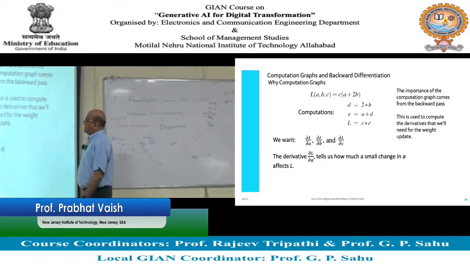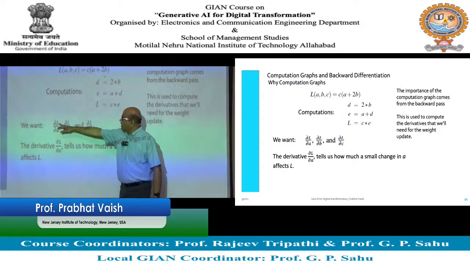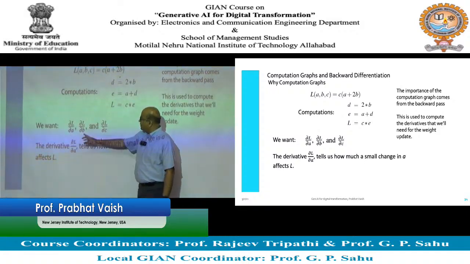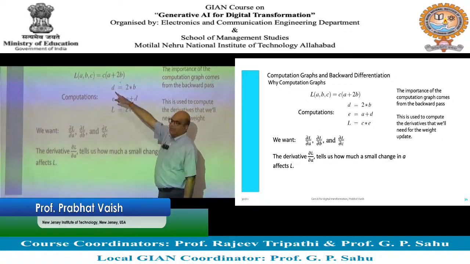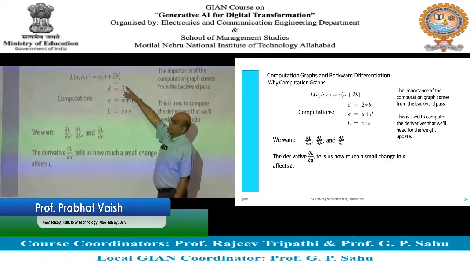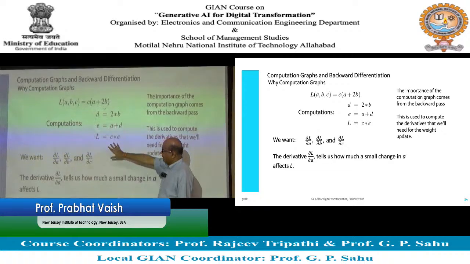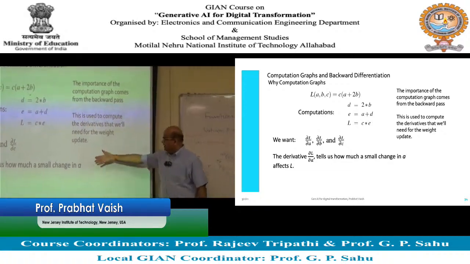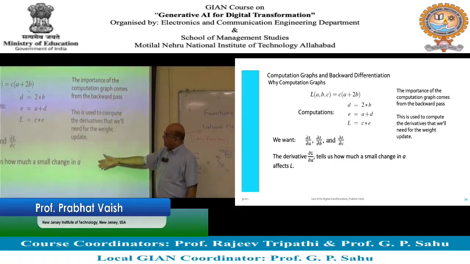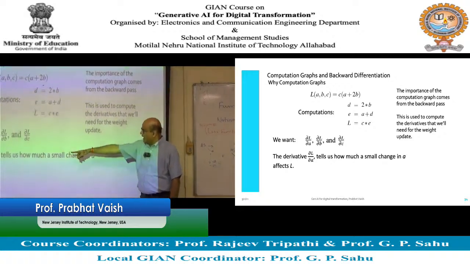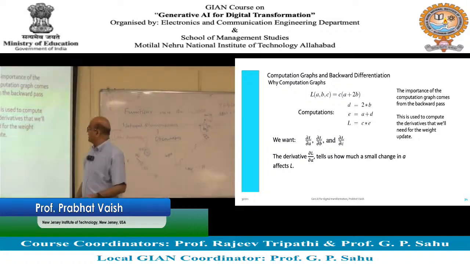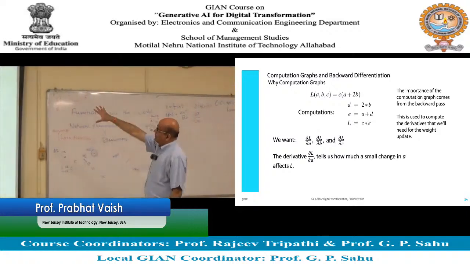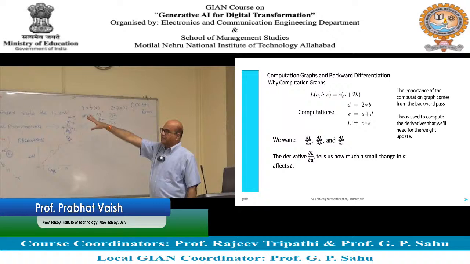We require the partial derivative of loss function with respect to A, with respect to B, and with respect to C, because there are three independent variables in our loss function. So far so good? We just talked about partial derivatives. Partial derivative L over A tells us how much a small change in A affects L. Now, the importance of the computation graph comes from the backward pass.